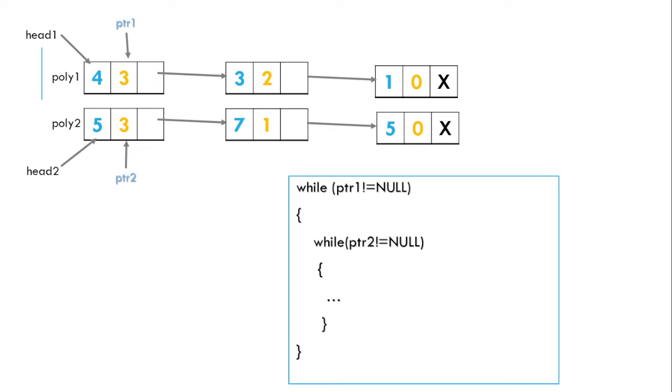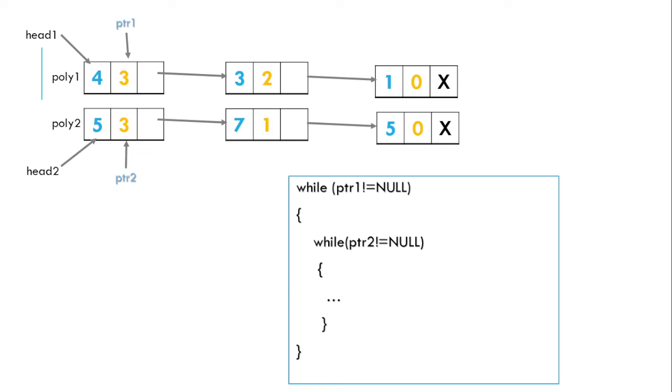So, while ptr1 not equal to null, within that, while ptr2 not equal to null, write some code. This is the general structure of the nested while loop we will be using, because for each term of the first polynomial, we have to multiply it with every term of the second polynomial.